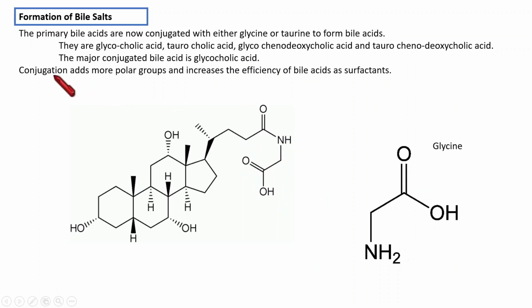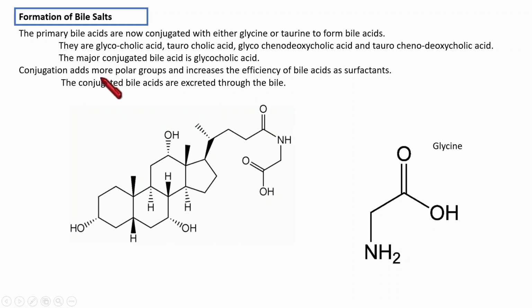By undergoing conjugation, it gets attached to many polar groups, and its surfactant property becomes more efficient. Surfactants are substances that, when added to something else, increase its solubility. So conjugation improves the surfactant efficiency of bile acid.